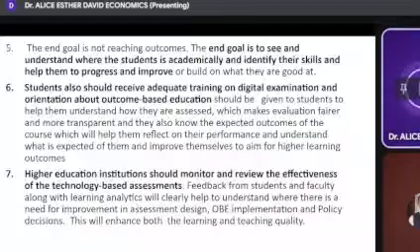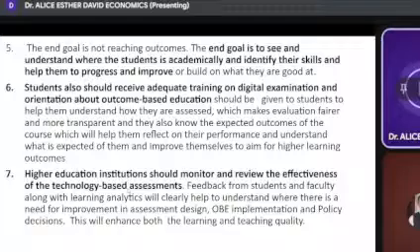Students also should receive adequate training on digital examination and orientation about outcome based education, because students write so many exams or hear the words outcome based education, course outcomes or program outcomes. In orientation programs, teachers should explain during the course curriculum introduction what the end goal is when a child sees a program objective or program outcome.